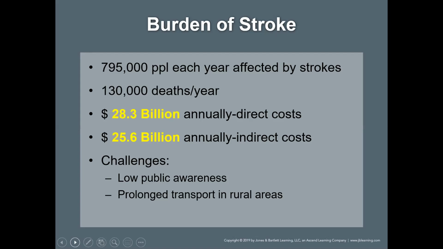That's improving because of the national PSAs for things like the FAST exam. People are recognizing strokes faster, which is good. And since time is brain tissue, prolonged transports in rural areas to a rural hospital that may or may not recognize it, or that has to mobilize a flight, just take time. For every minute that the brain is not being oxygenated correctly, neurons are dying. So it is a big deal.